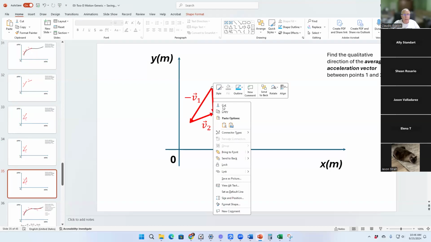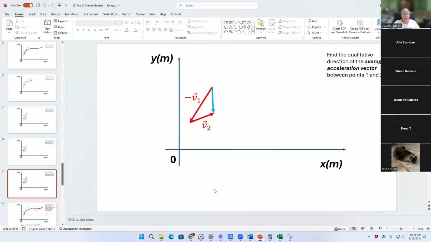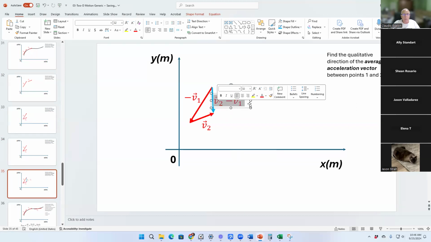Like it here, that's okay? Yeah, let's put this one like that. And I am going to draw it as a nice blue.